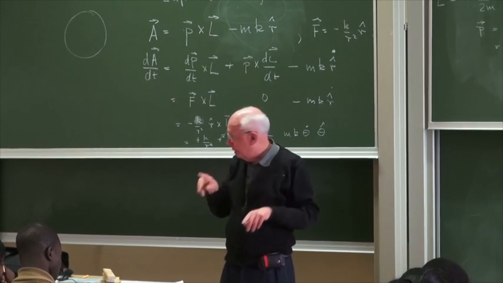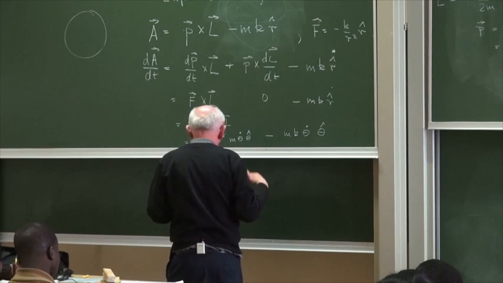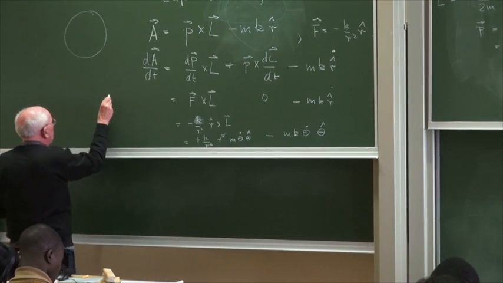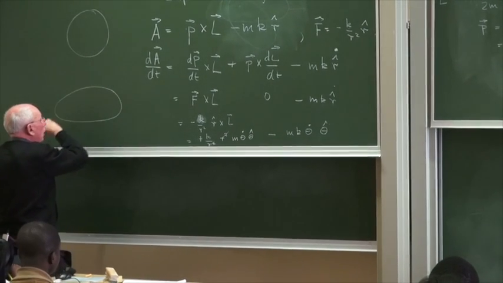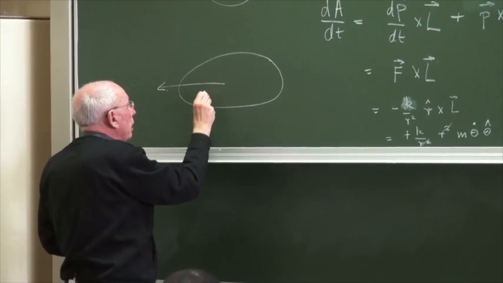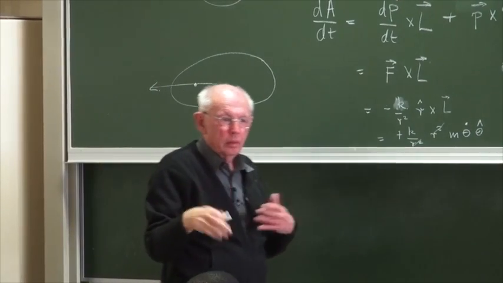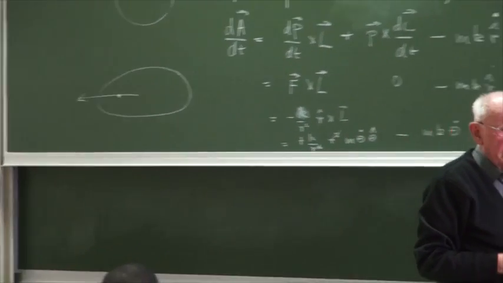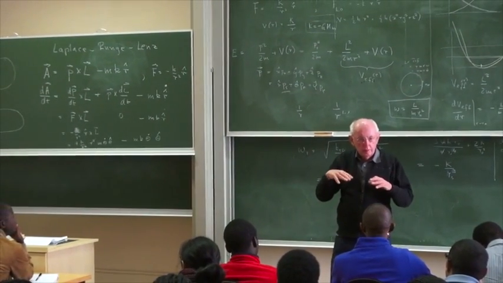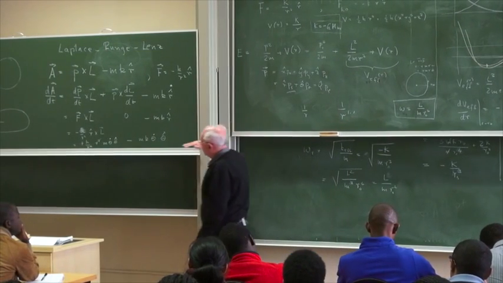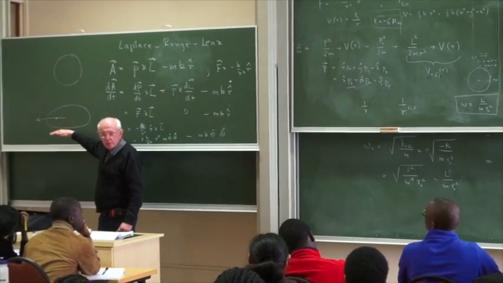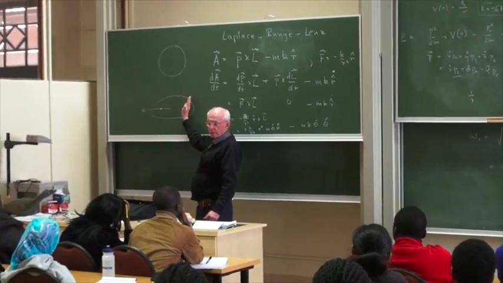I don't want to discuss this now, but this is very nicely discussed in the Wikipedia description of the Runge-Lenz vector. You can see it there very nicely. It shows that this vector lies in the plane of the movement, and it's conserved, so this thing cannot change.